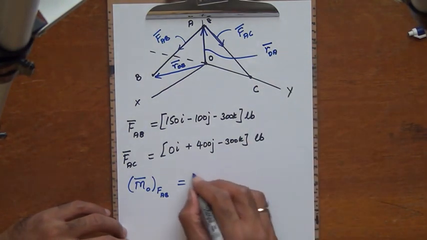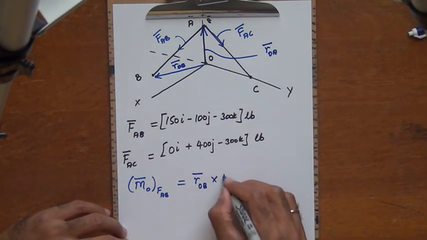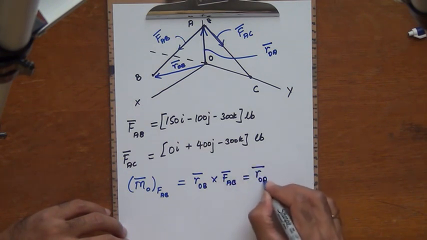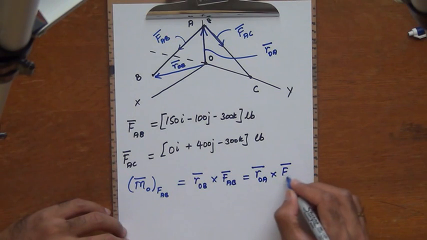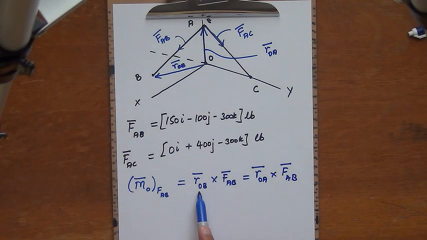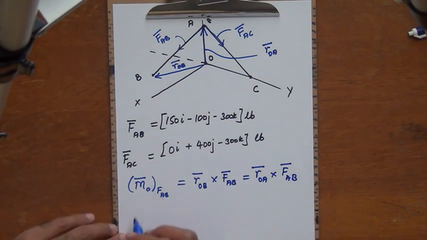Right, so this is going to be ROB cross FAB, which is the same as ROA cross FAB. Because all I need is a position vector from the point of interest, which is point O, to any point on the line of action of the force FAB, which is either point B or point A. I do the same thing.